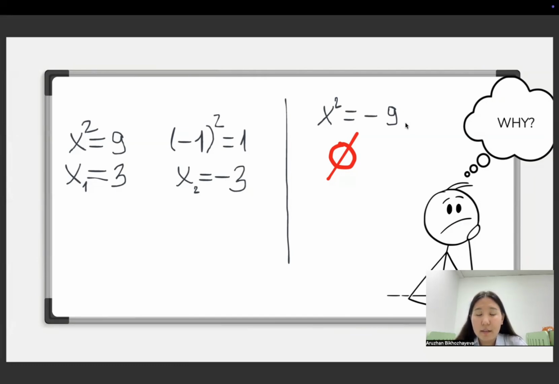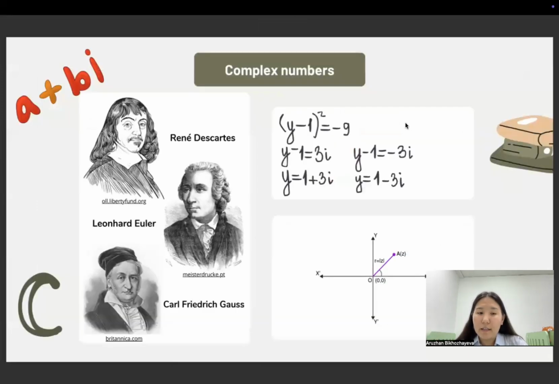And here, the keyword is real, because it means that there are other solutions that are beyond the real numbers. In 1637, René Descartes proposed that such solutions weren't real but imaginary. This idea took off when Euler formally defined imaginary numbers, and later Gauss introduced complex numbers, which are a combination of real and imaginary terms.